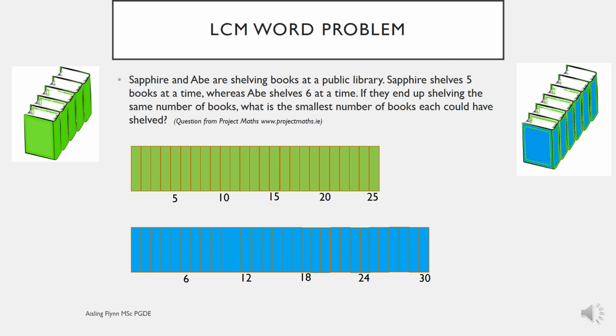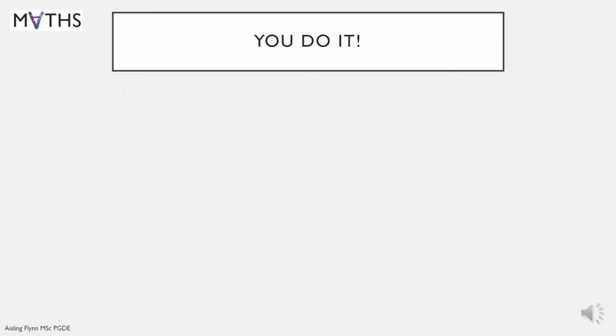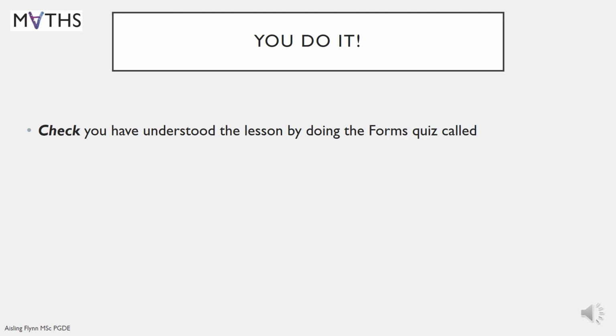Now if I add another 5 to the top row, we also end up at 30. So 30 is a common multiple of 5 and 6, and it is the first one we came across. So it is the lowest common multiple of 5 and 6, and so the answer to the question is 30 books.